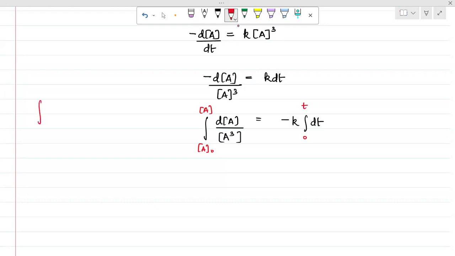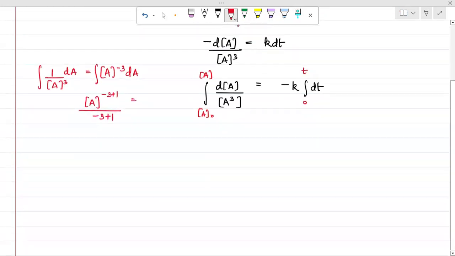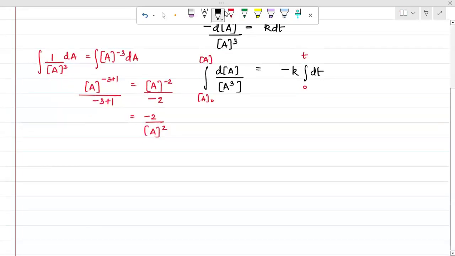This is integral 1 by A to the power 3 dA, or I can write it as A to the power minus 3 dA. We already know the equation. It is A to the power minus 3 plus 1 divided by minus 3 plus 1, which is equal to A to the power minus 2 by minus 2, which can be written as minus 1 by 2A squared. So let's write it down.